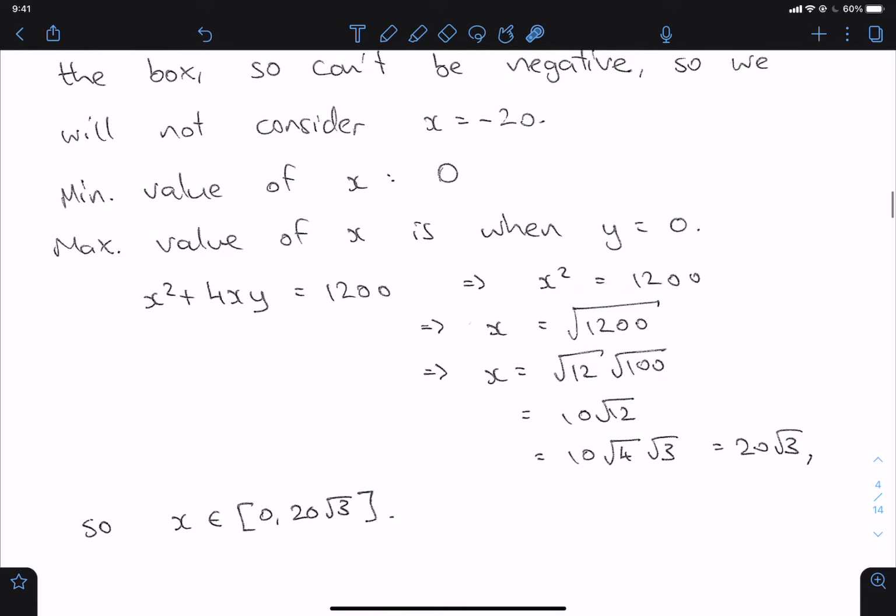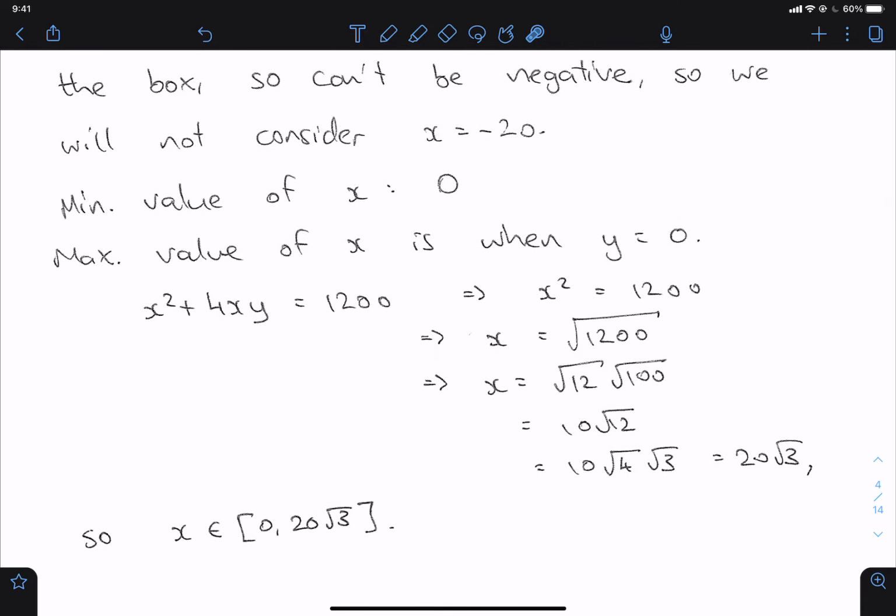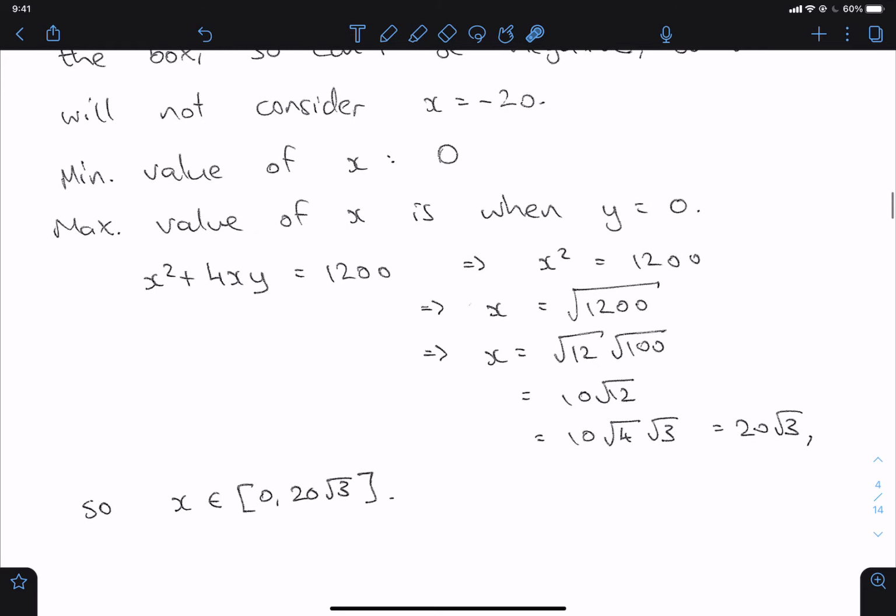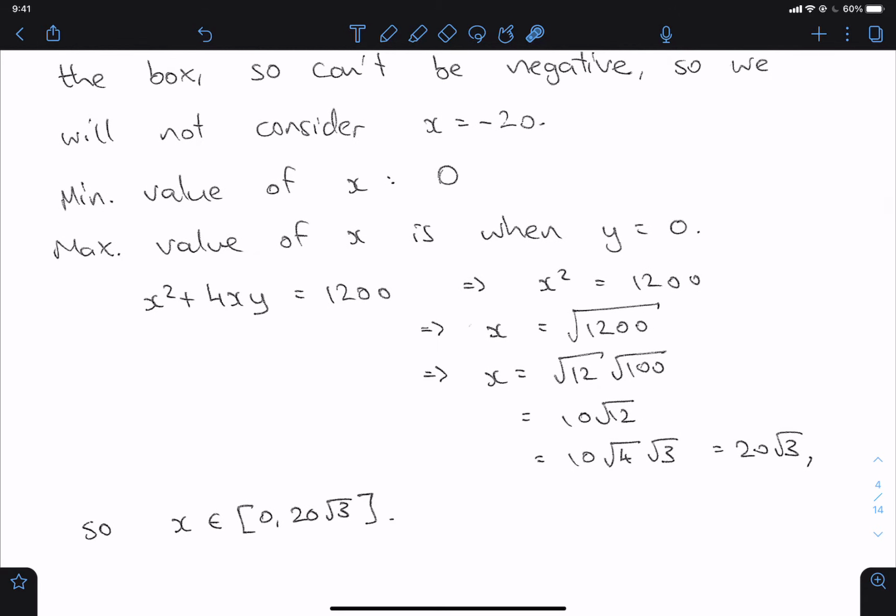Basically, the greater the x is, the smaller the y is, and the greater the y is, the smaller the x is. So we have the range of x by solving this: from 0 to 20 square root of 3.